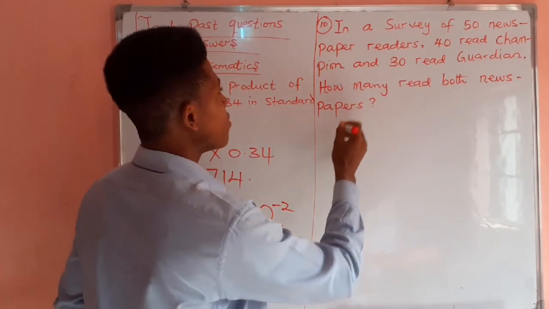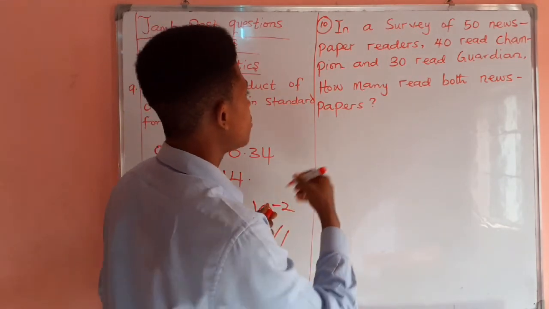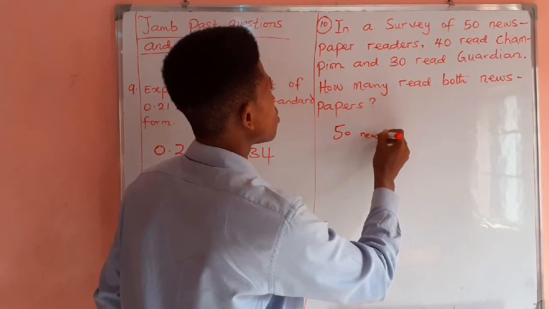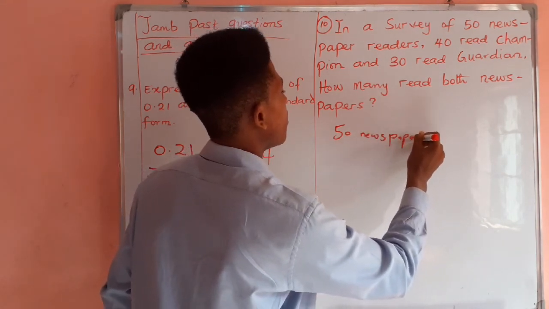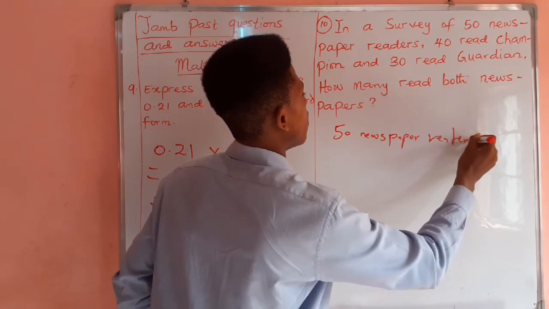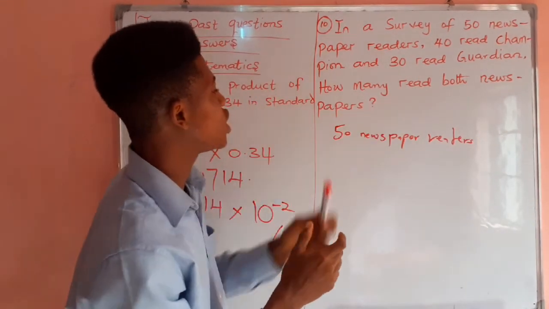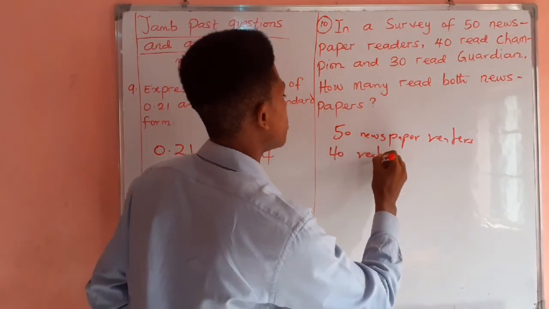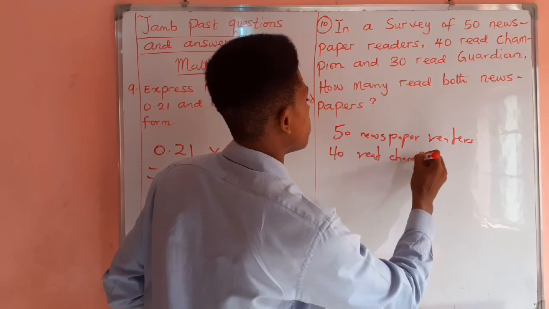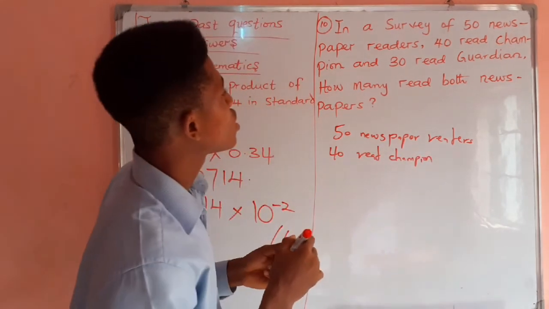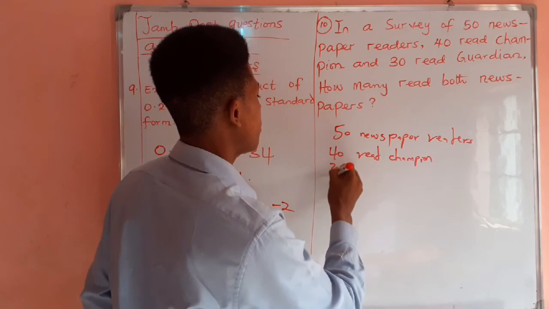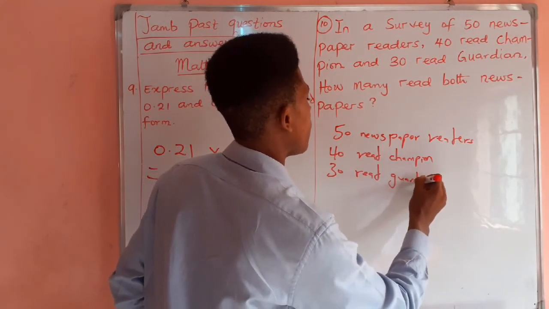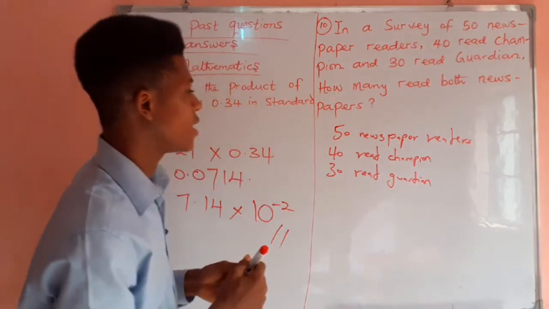In a survey of 50 newspaper readers, 40 read Champion and 30 read Guardian. So from the first information, we have 50 newspaper readers. And they say 40 read Champion, and 30 read Guardian.